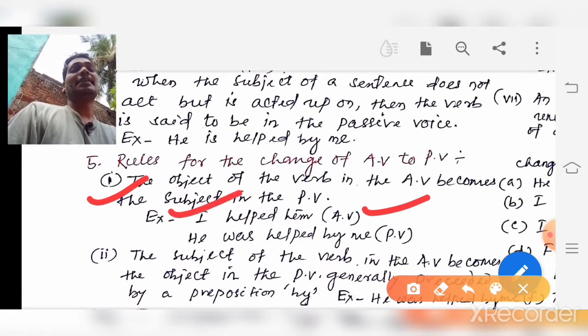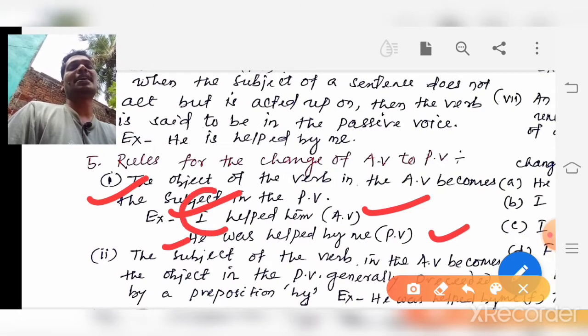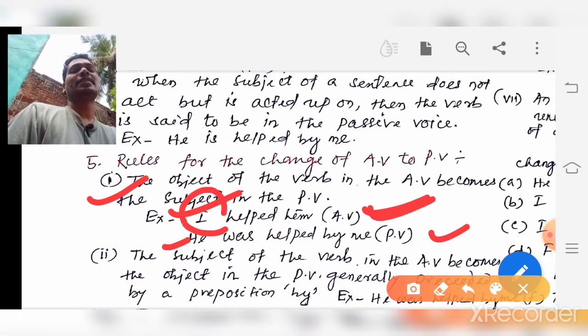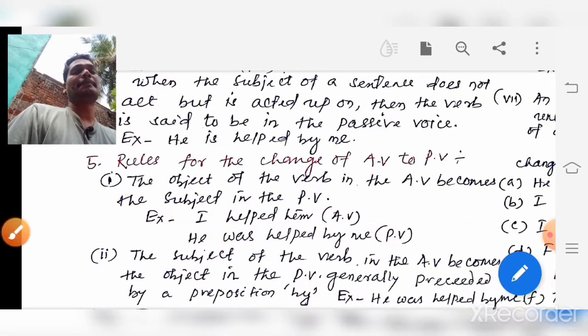Then, he was helped by me. In the second sentence, the object he works majorly. So it is called PV. The object of the first sentence will become the subject of the second sentence. Him, the subject form of him is he.